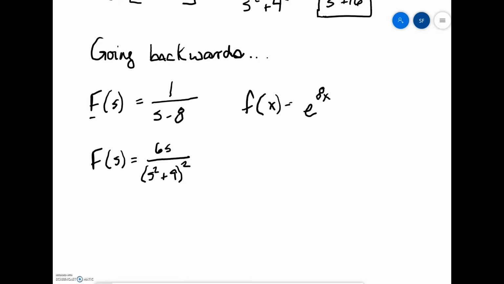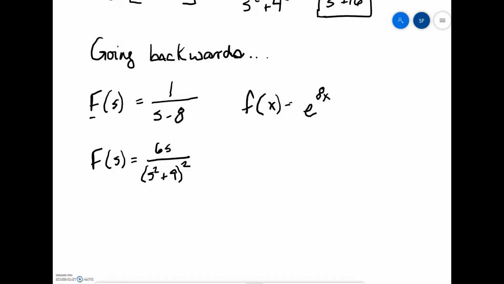Okay, this one's a little tricky, so we need something with a plus on the bottom, an s squared plus something. So 7 looks okay, but we've got the quantity squared, and so because we have this quantity there, 7's not going to work. Let's look at 9.